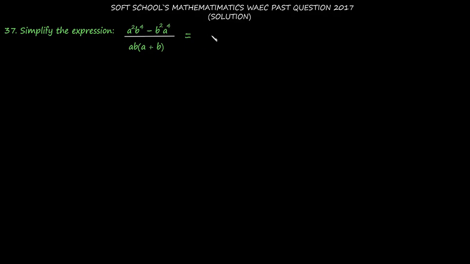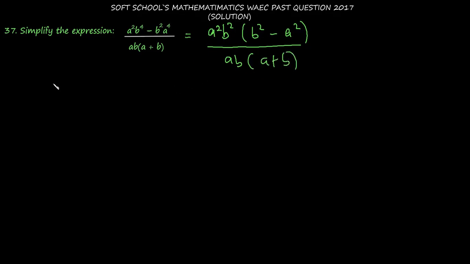The like term here at the numerator is a squared b squared. If we divide by a squared b squared, we are going to have b squared minus a squared, everything over a plus b.